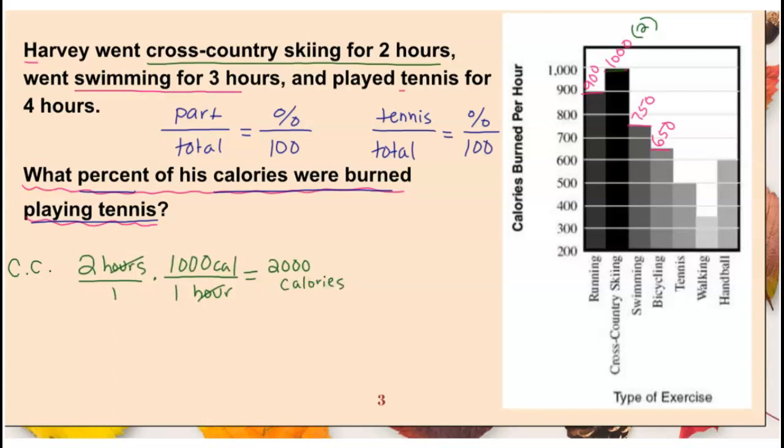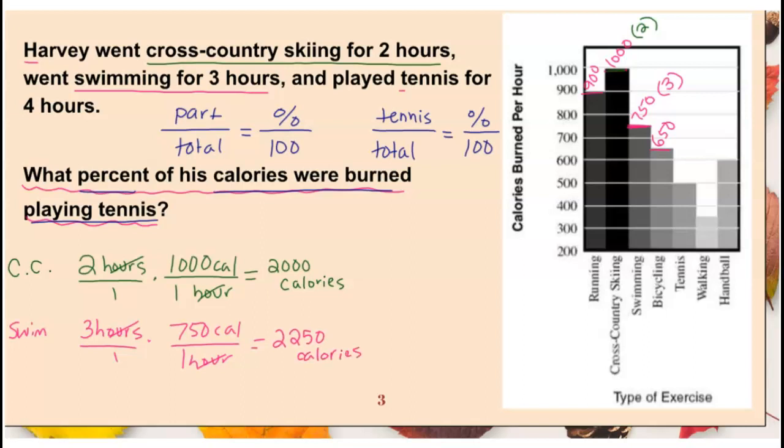Moving on to swimming. If Harvey swam for 3 hours, he burned 750 calories times 3. So swimming, we have 3 hours. We know that there's 750 calories burned in 1 hour. Our hours cancel. I'm left with 3 times 750, which is 2,250 calories.